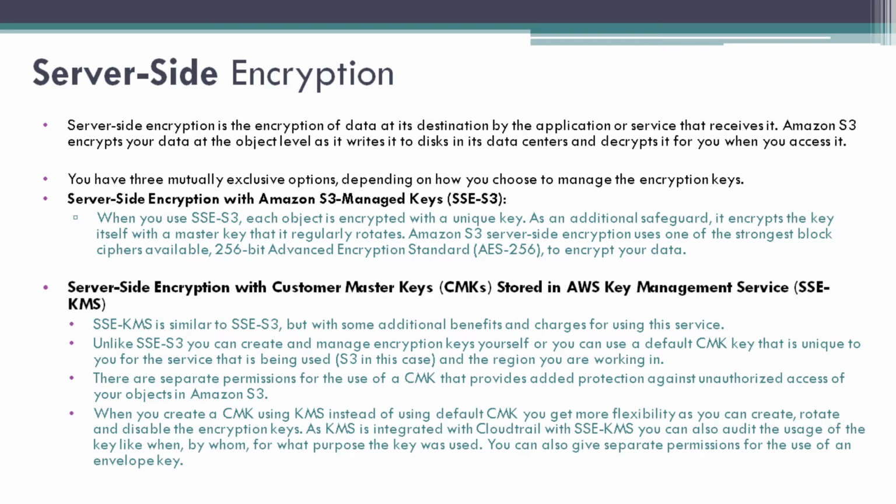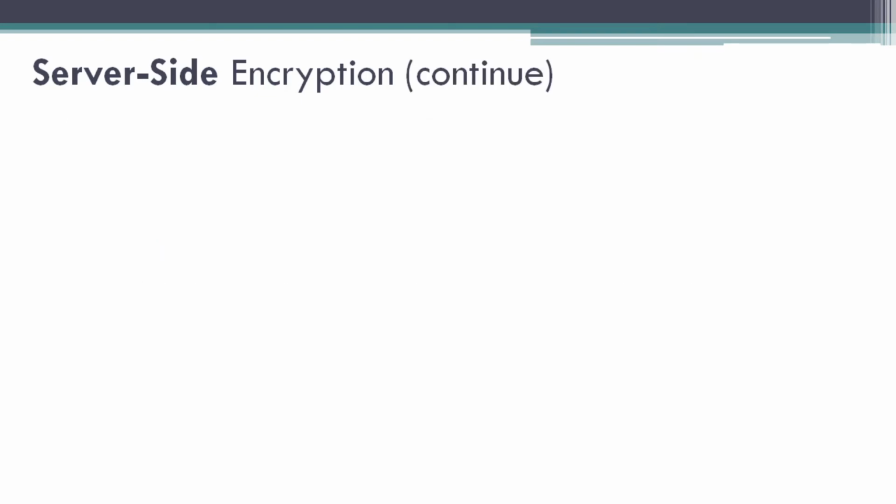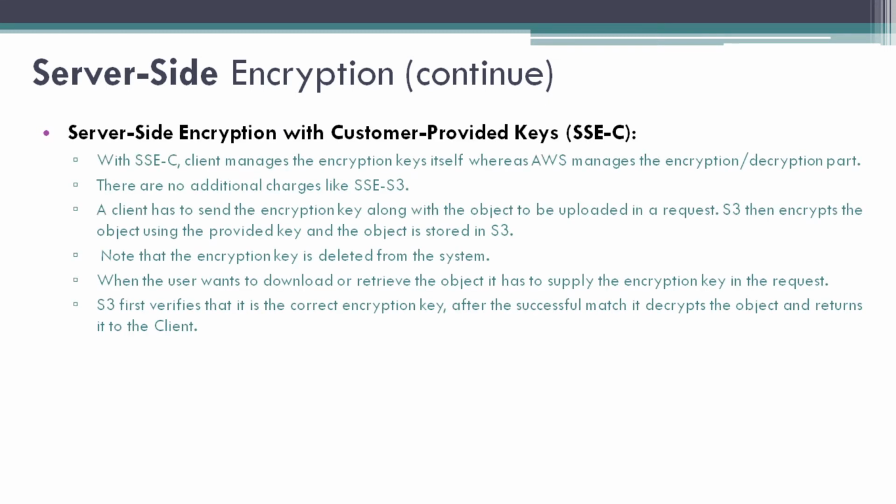Now moving to the third type of server-side encryption, that is nothing but SSE-C. SSE-C means customer-provided key. You can provide your key to Amazon S3 to encrypt and decrypt your data.